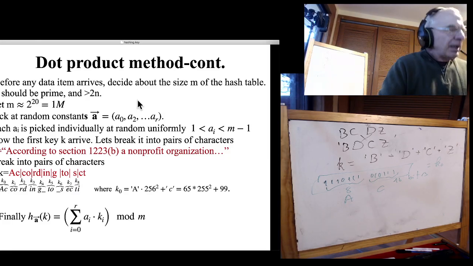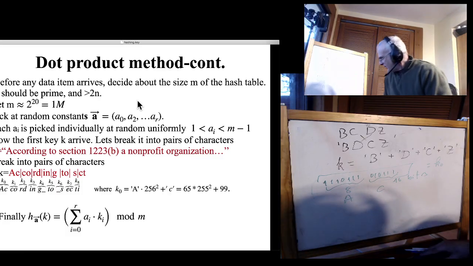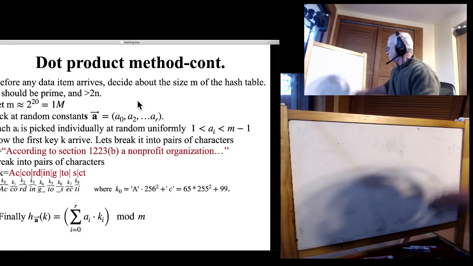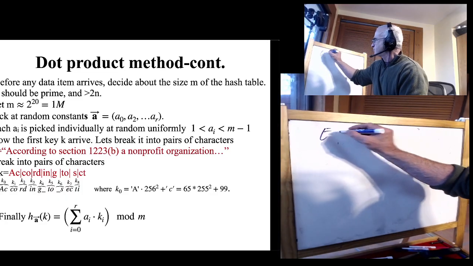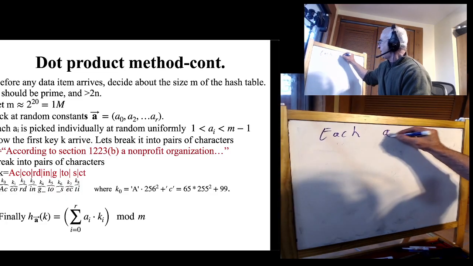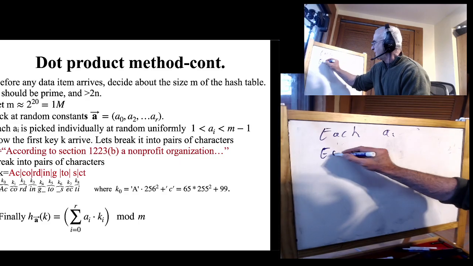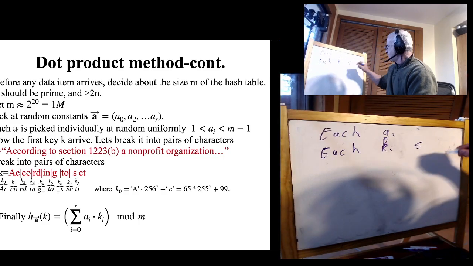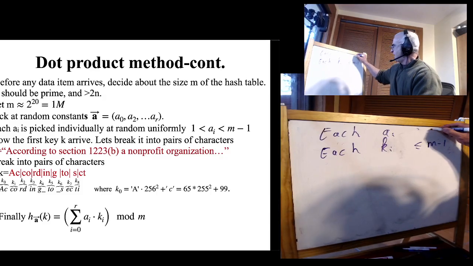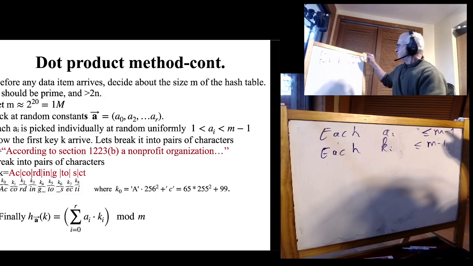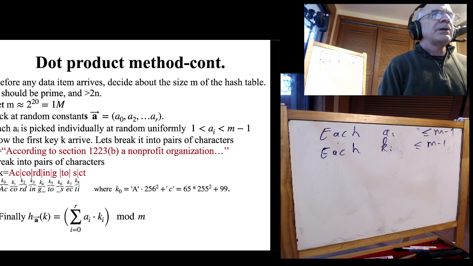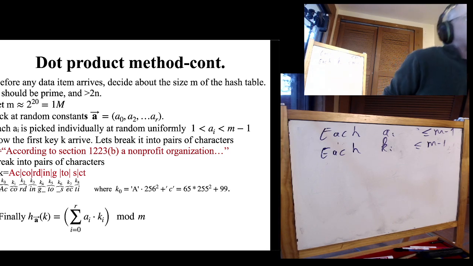The rule of thumb right here should be that each Ai and each Ki should be smaller or equal to m-1, just to get all the theoretical guarantees that we are going to say that it is a fantastic hash function.